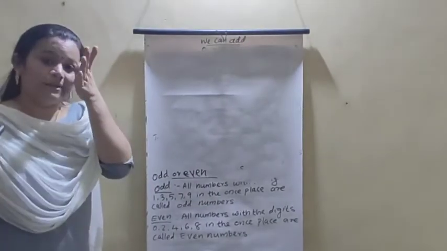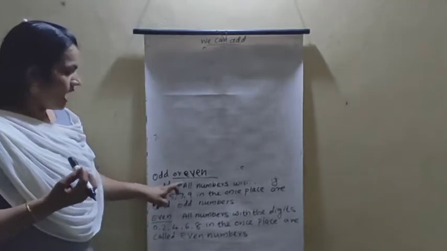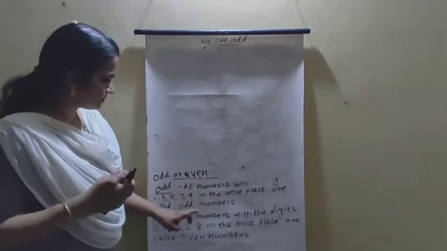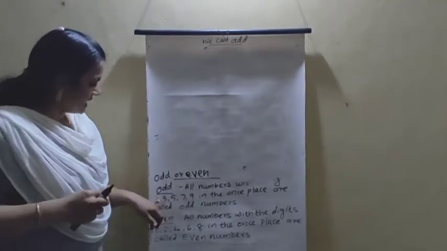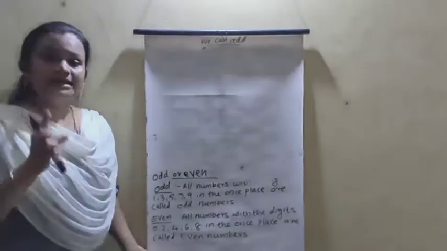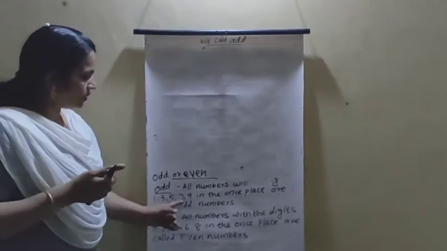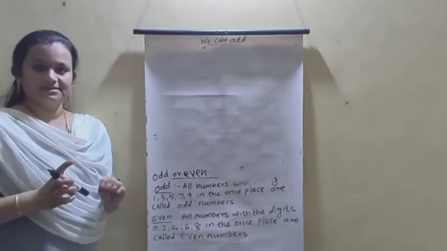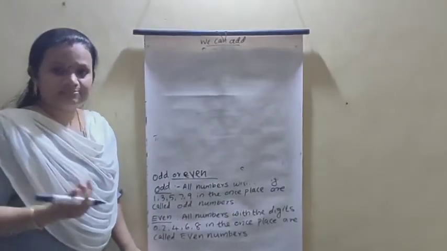What is an odd number? All numbers with the digits 1, 3, 5, 7, 9 in the ones place are called odd numbers. Do you know the ones place?